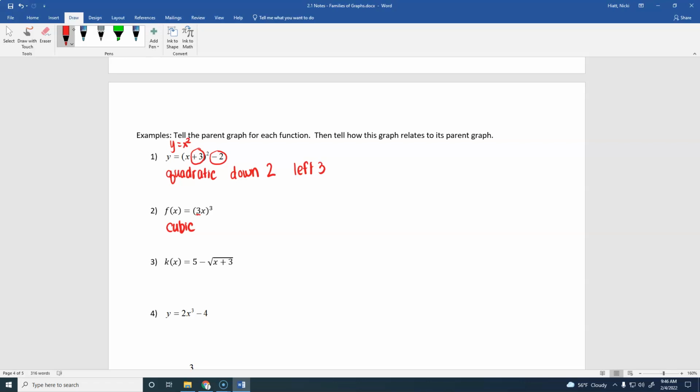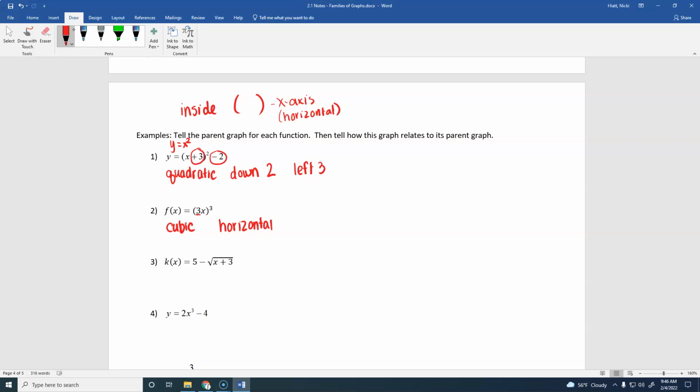It is going to be horizontal. So inside the parentheses is always the x-axis, which is horizontal. Which means if you're adding or subtracting on the inside, it moves it left or right.